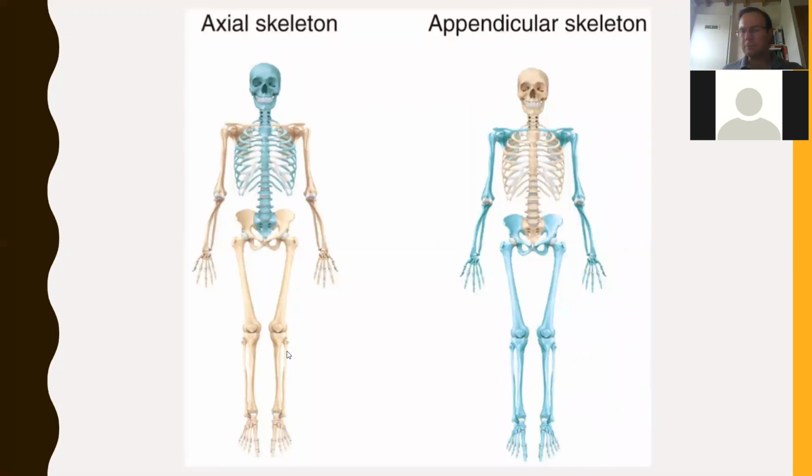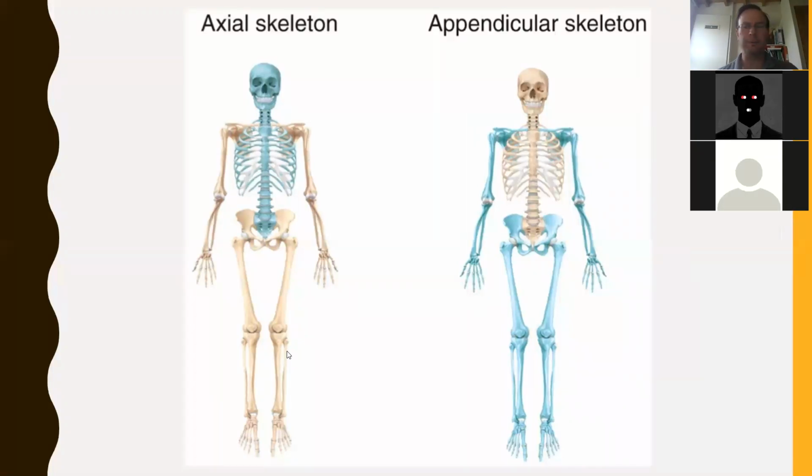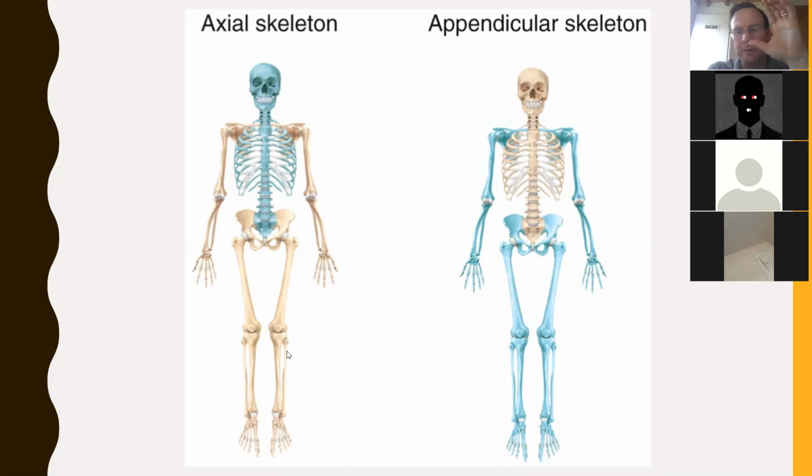This is a little bit about where we picked up last time: the axial and the appendicular skeleton. On the left-hand side, you can see that central core in blue, and we talked about why we classify it differently. We saw that a lot of the axial skeleton was about protection.